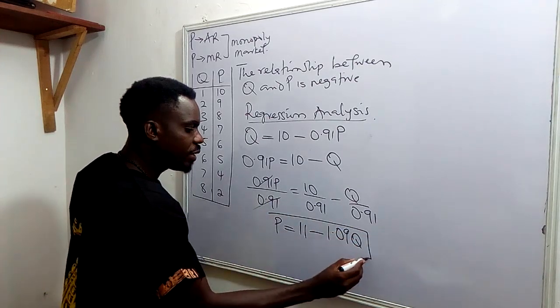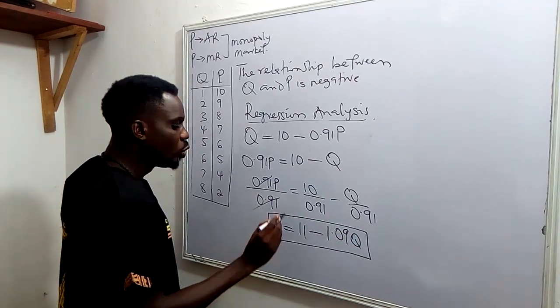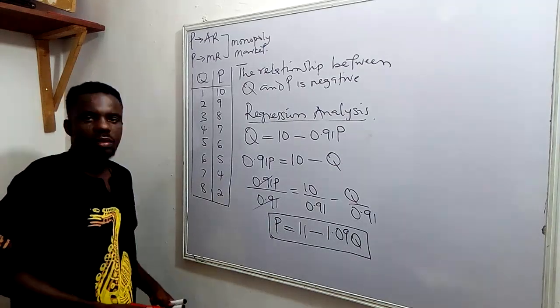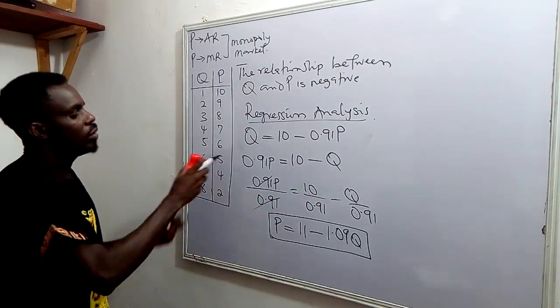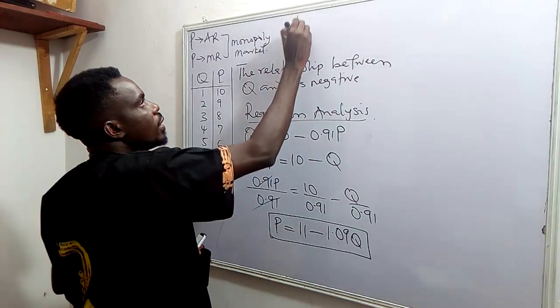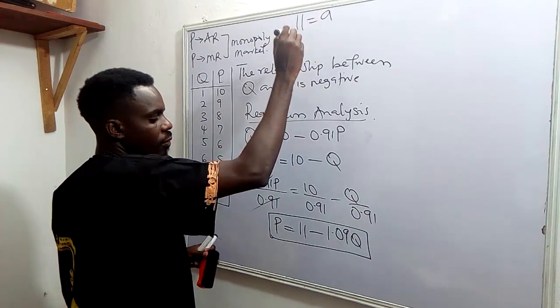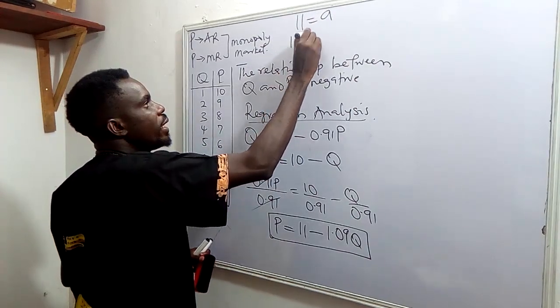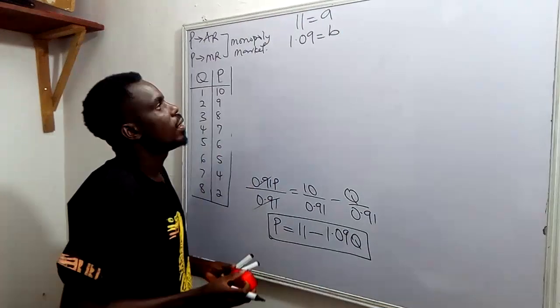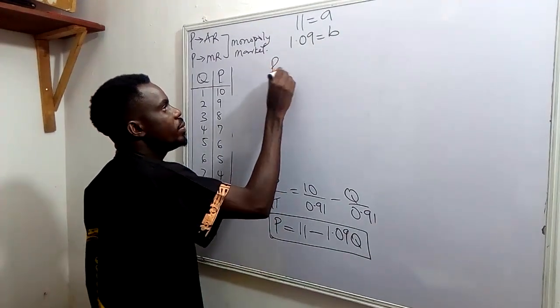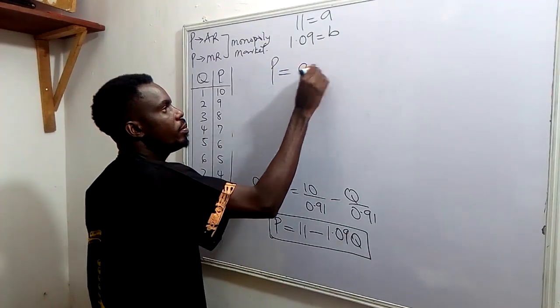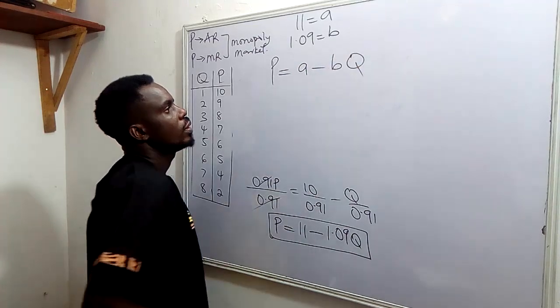This is the demand function in a monopoly market. For the sake of algebra, we can represent 11 as A and 1.09 as B. As such, price can be expressed as A minus BQ.